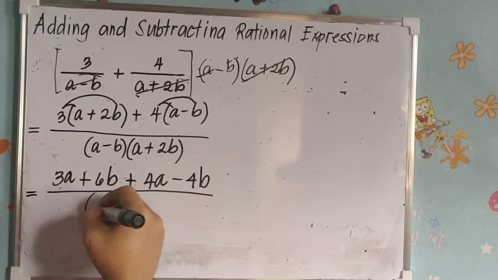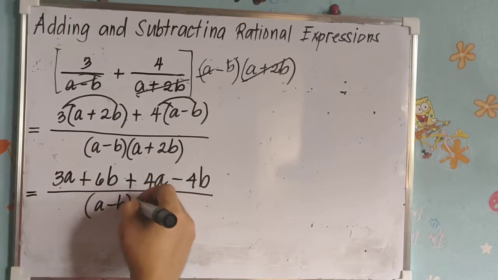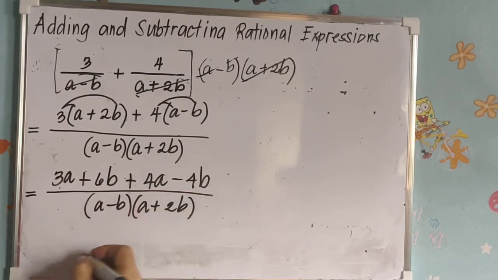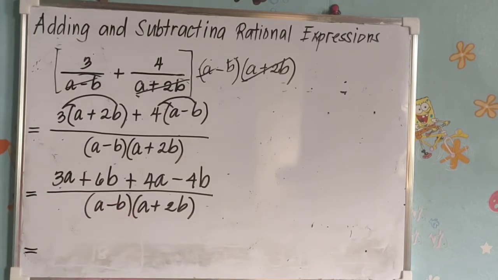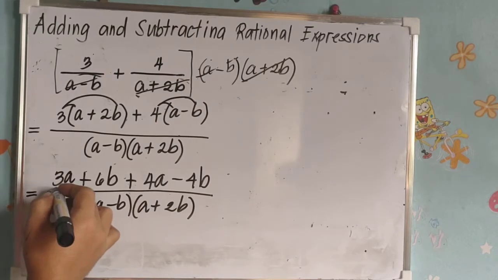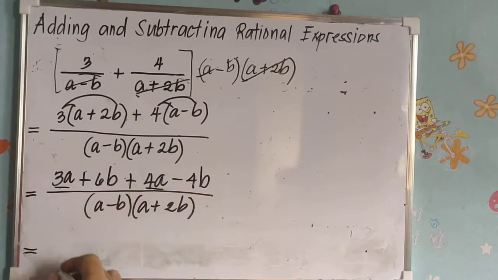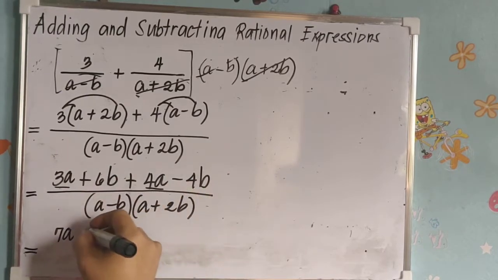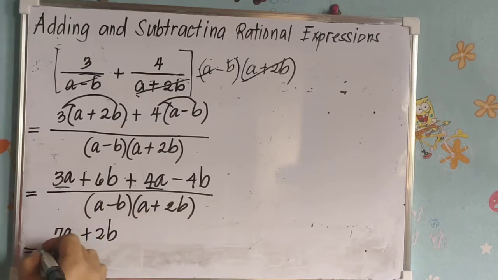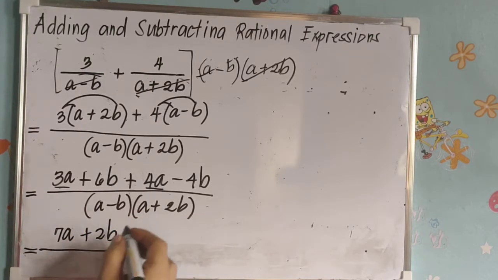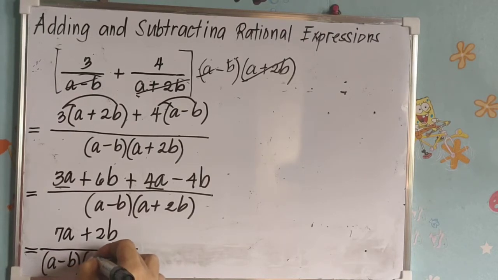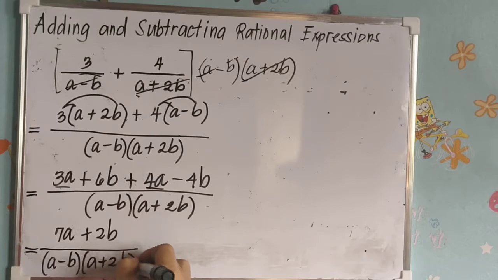All over the LCD again, so just copy the quantity a minus b times the quantity a plus 2b. Next, simplify further by combining like terms. We have 3a here and 4a, so we have 7a. 6b minus 4b, so we have 2b, all over the quantity a minus b times the quantity a plus 2b.